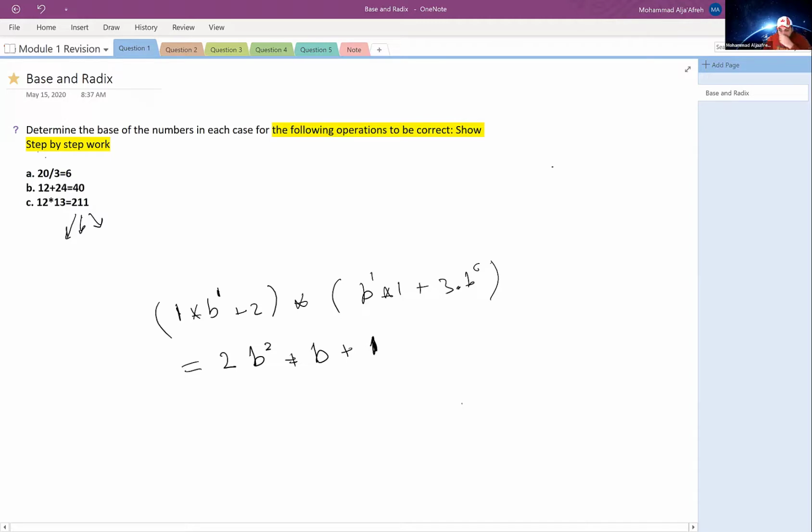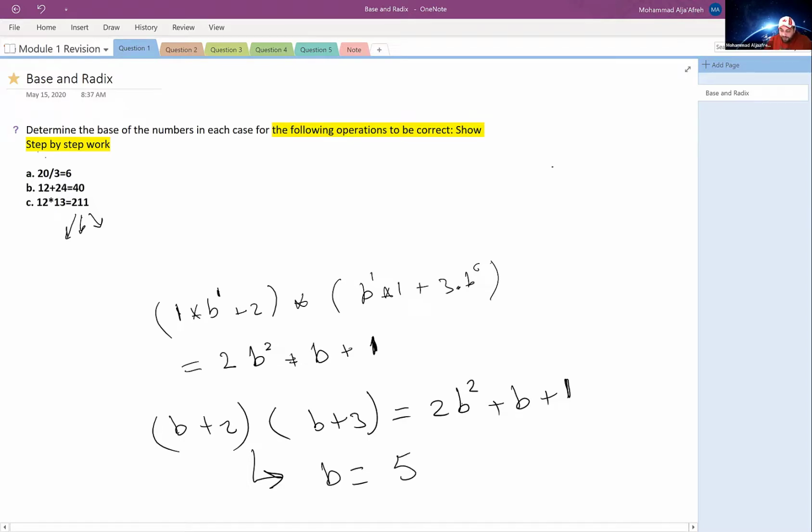So b plus 2 as well as b plus 3 is equal to 2 times the base to the power 2 plus the base plus 1. Okay, so if I solve this second polynomial equation, I should get the base equal to 5. All right. Okay, that is for the first question in our review session.